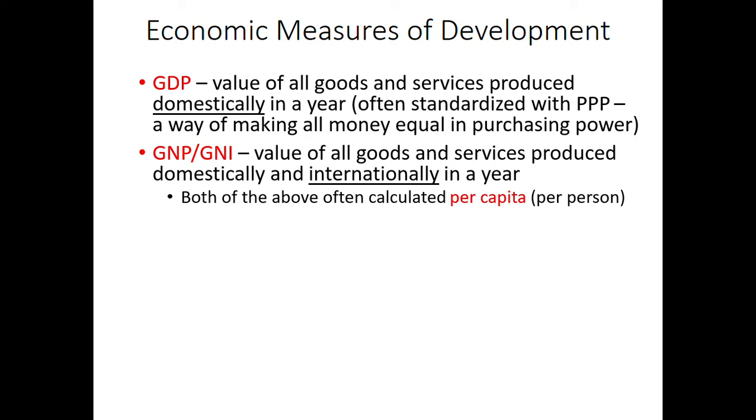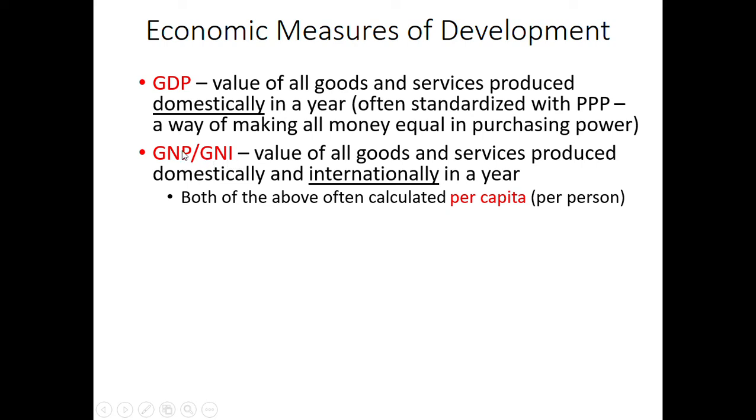They're obviously a transnational corporation, but GDP would not count the money that McDonald's makes overseas, whereas GNP would count the money that McDonald's makes overseas as well as domestically. So this is obviously always going to be a larger number than GDP. There's also this figure GNI, gross national income. This is basically the same thing as GNP.